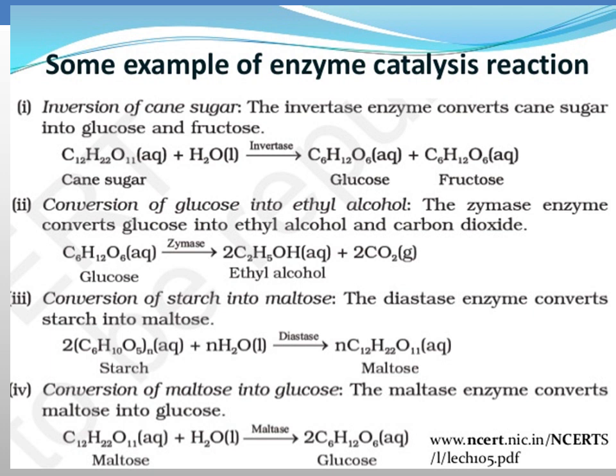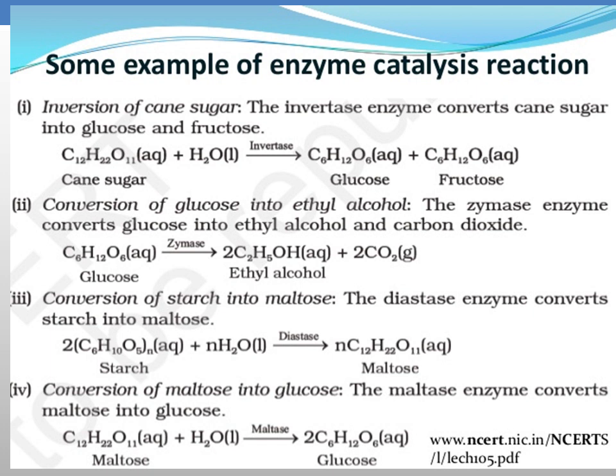And the third reaction, how starch is decomposed to maltose. The enzyme which is specific for this purpose is diastase. Starch is a polymer, so it is written as (C6H10O5)n. With water, the polysaccharide is decomposed to the disaccharide maltose.